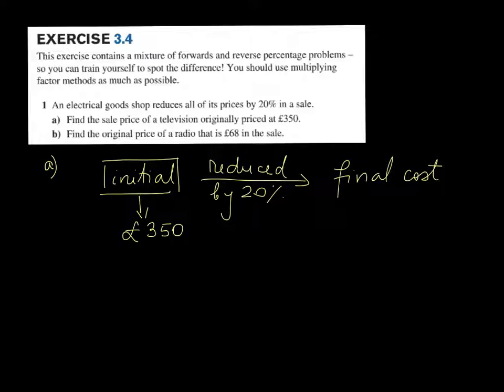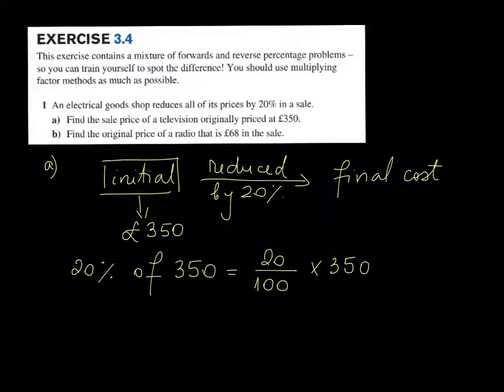With an old method that I used before and is perfectly fine, I would find 20% of 350 so that I can reduce the initial amount by that. So 20% of 350 pounds, 20% is out of 100, of 350, which will give me 70 pounds.